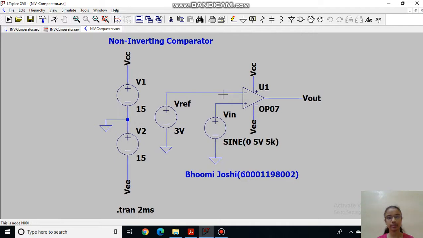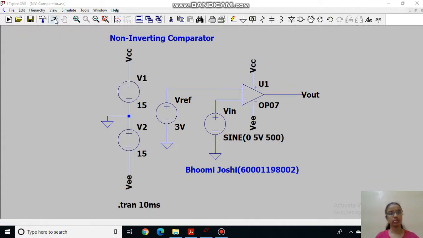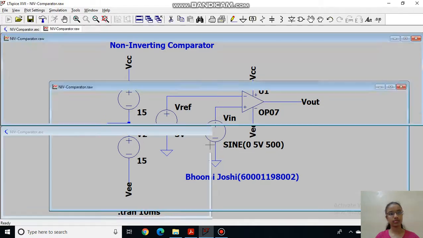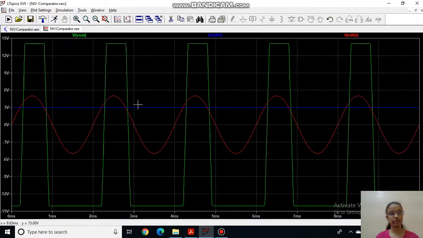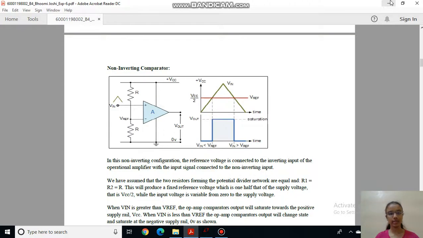So now I will run my schematic. So as you can see, this is my output waveform. So whenever my input voltage is less than reference voltage, here in case of non-inverting comparator, I am getting my output as negative saturation, and whenever input voltage is greater than reference voltage, I am getting positive saturation level. So in this way, part A1 is completed.